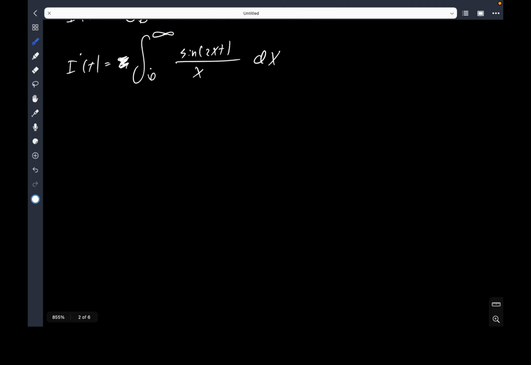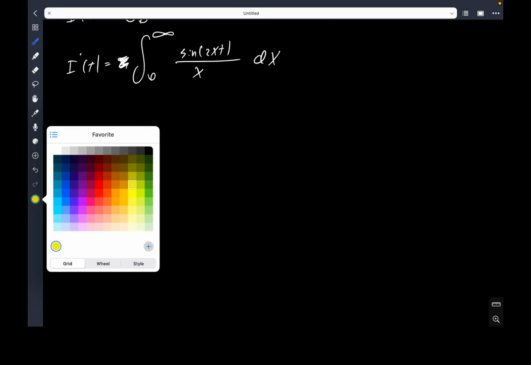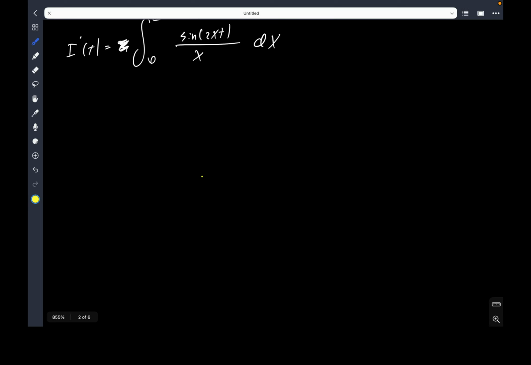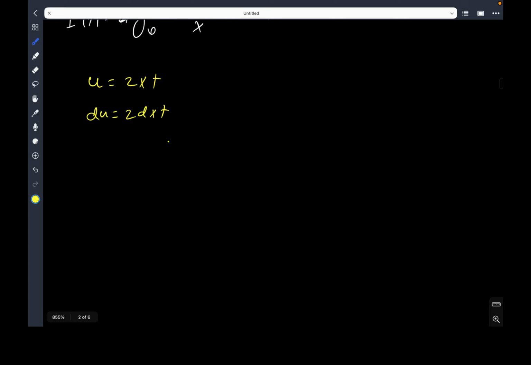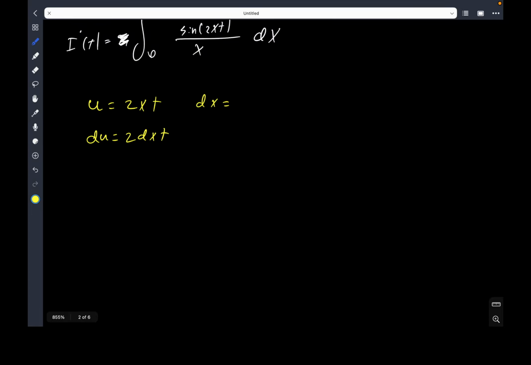Now I'm going to do a change of variable, a substitution. I'm going to say u is 2xt. Differentiating both sides, du equals 2t dx, so dx is du over 2t.